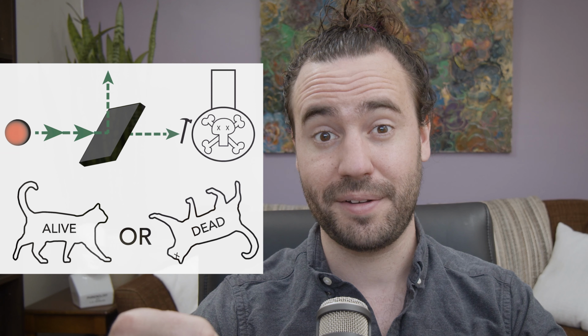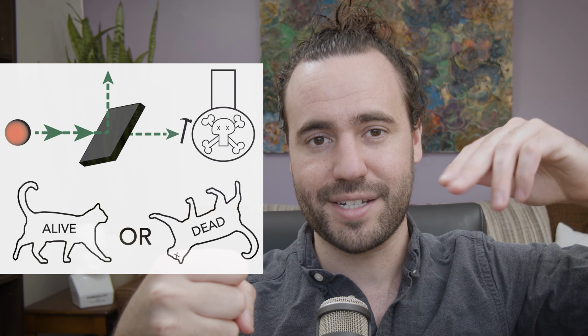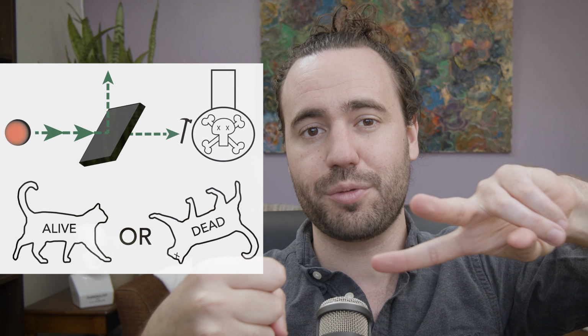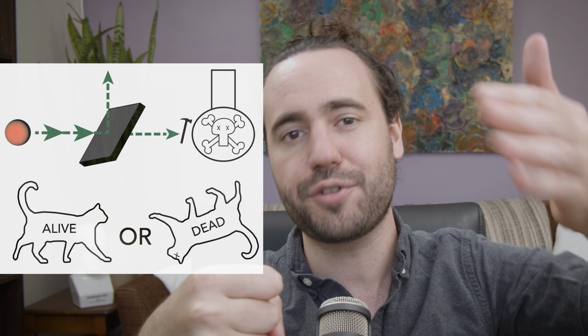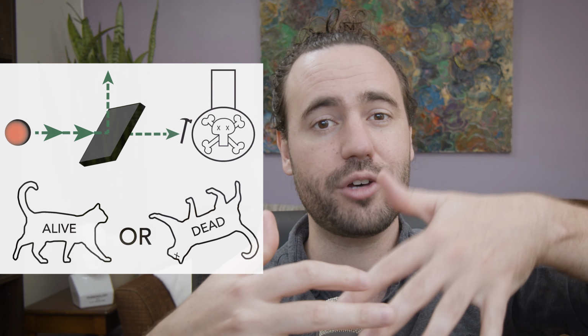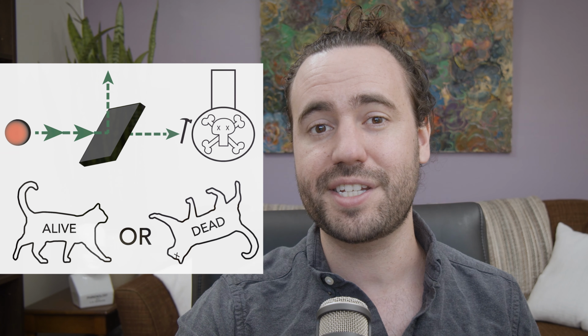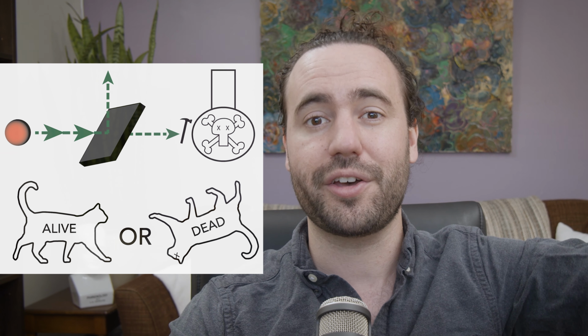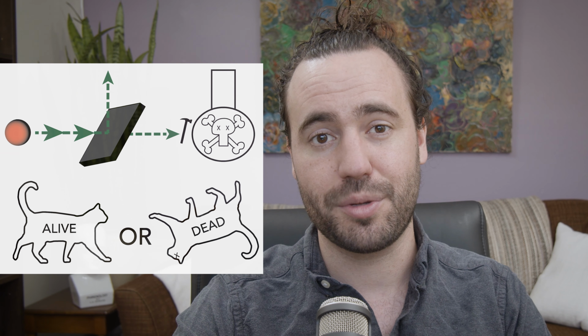And so the idea here is you have a vial of poison, and there's a photon that comes at some measuring device, and it splits off into a wave function of traveling, let's say, going to the left or going to the right. If it goes to the right, it hits this vial of poison and it releases the poison. But if the photon goes to the left, it just travels on and it doesn't touch the poison.